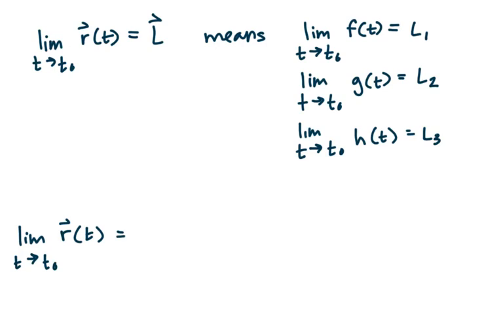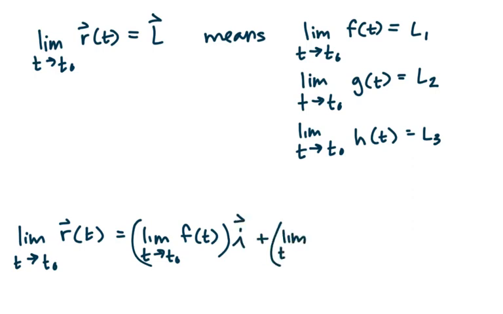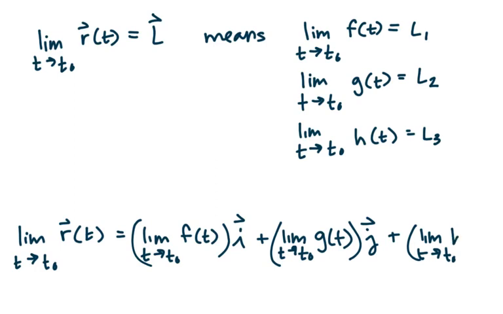That is going to be equal to the limit as t approaches t sub 0 of f of t, i, plus the limit as t approaches t sub 0 of g of t, j, plus the limit as t approaches t sub 0 of h of t, k.